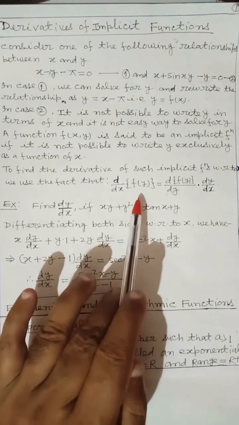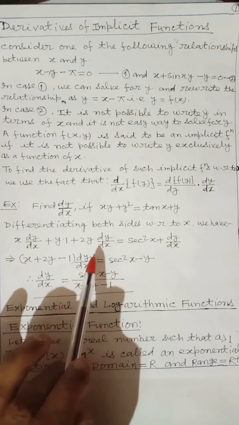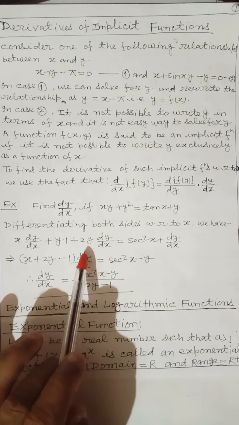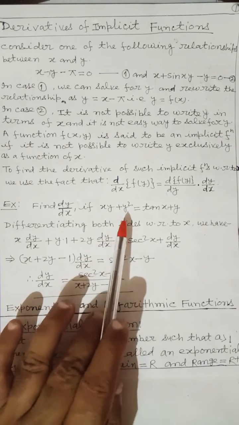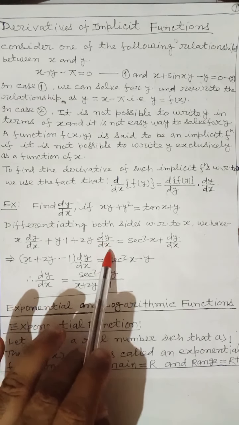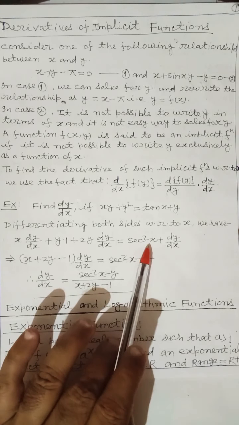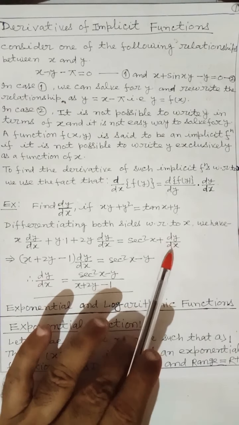First we differentiate y square with respect to y, so we get 2y, and again we differentiate y with respect to x, we get dy/dx, and this is equal to sec square (x plus y) into 1 plus dy/dx.